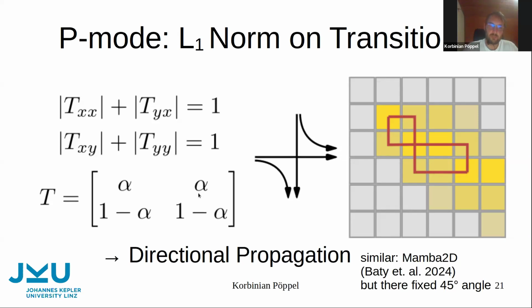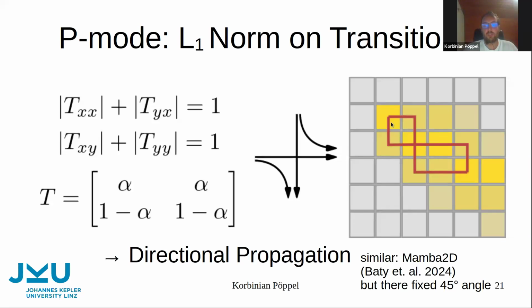Now, if we even go one step further and limit the structure to this form here, shown on the left, bottom left, we arrive at a directional propagation along a line in the image. So imagine we have these transitions fixed, and for every position we have this form with a fixed alpha.